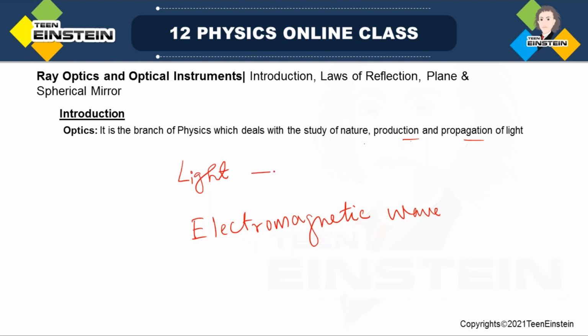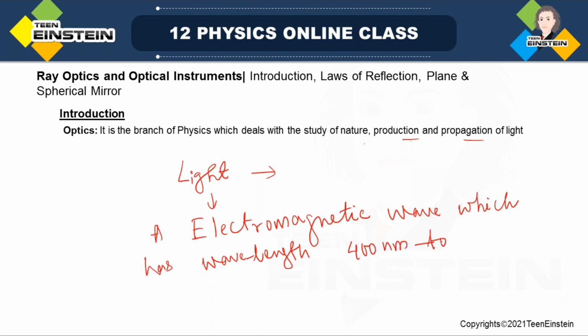So light is actually an electromagnetic wave which has wavelength ranging from 400 nanometer to something like 750, or some books say 800 nanometer. So this is a part of the electromagnetic spectrum.